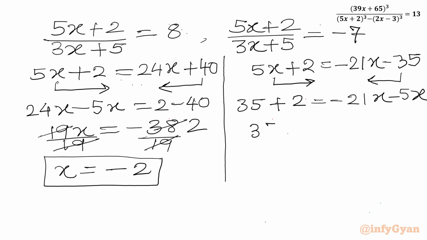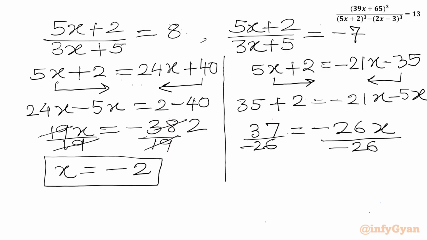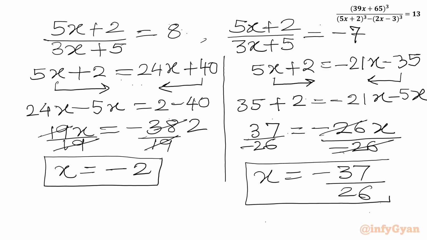So here we can write 37 and RHS will give us minus 26x. Now we can divide both sides by minus 26. We will get our second solution, x equal to minus 37 over 26. So we have in total two solutions, negative 2 and negative 37 over 26.